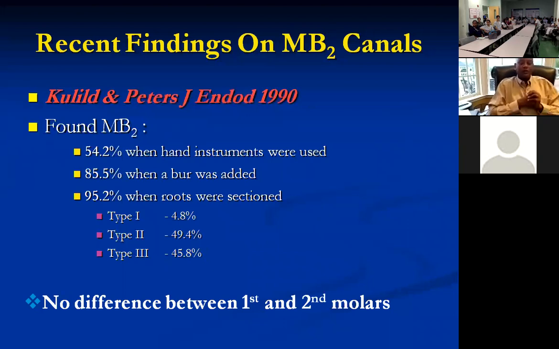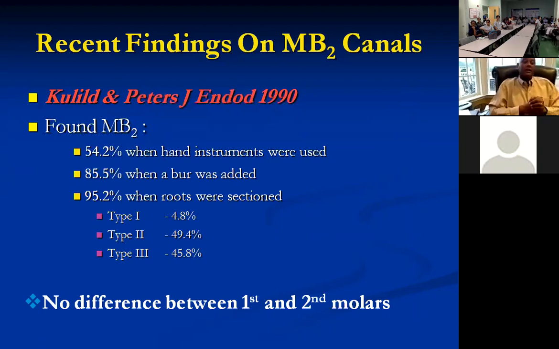Now, Weine's study was an older study. That was back in 1969. Since then, there have been some more recent studies that show that the incidence of having a 4th canal or MB2 canal in maxillary molars is actually a little higher than the 50% that Weine quoted.